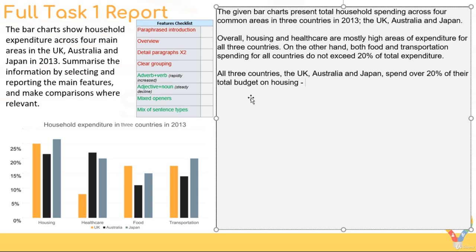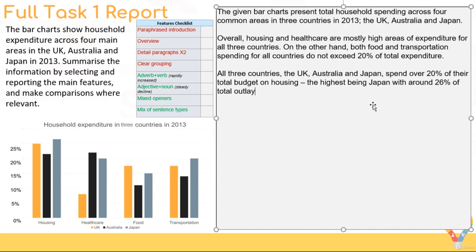Let's add a hyphen just to add a bit more detail. The highest being in grey, we have Japan, and it looks like they're spending around 26%. So let's say around 26%. The highest being Japan, with around 26% of total outlay.